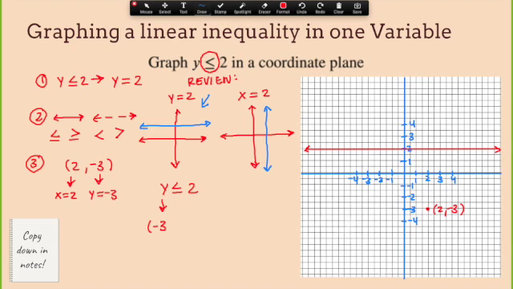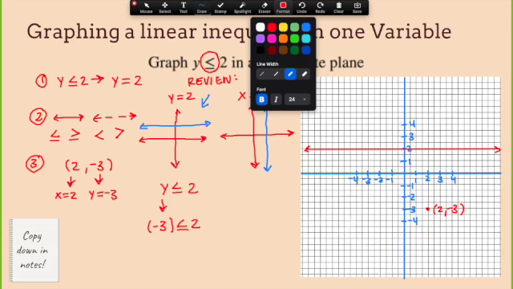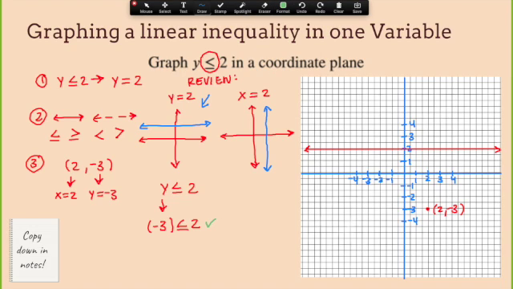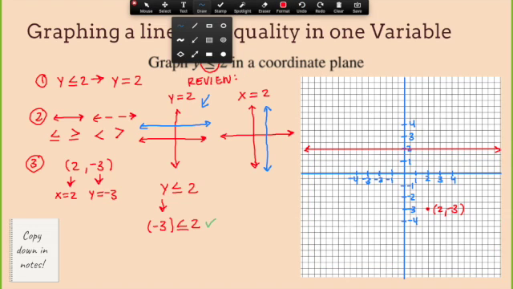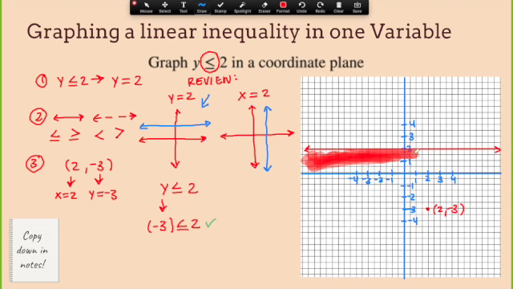And then we're going to see if this is a true statement or not. So -3 being less than or equal to 2, that's a true statement. Now, because that's a true statement, that means this bottom area here is going to have all the solutions. And since it has all the solutions, that means that I have to shade in the bottom region here.